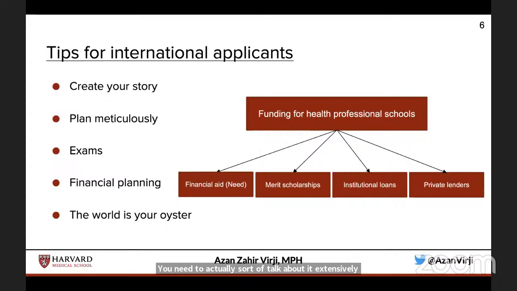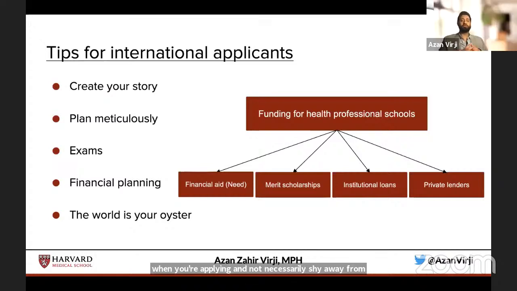I've met a few international students who are scared to share their background, what it was like growing up in a different country, and what it was like to experience healthcare in a different country. Those are all the reasons why you want to be a health professional, so it's important that you talk about those and bring them up in your application.